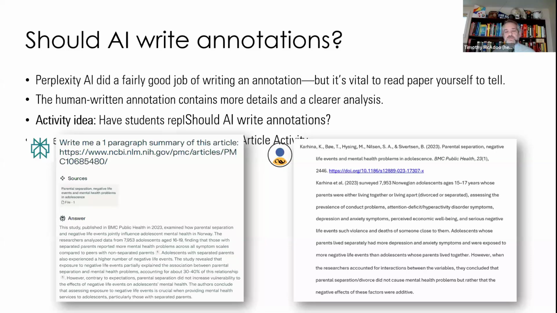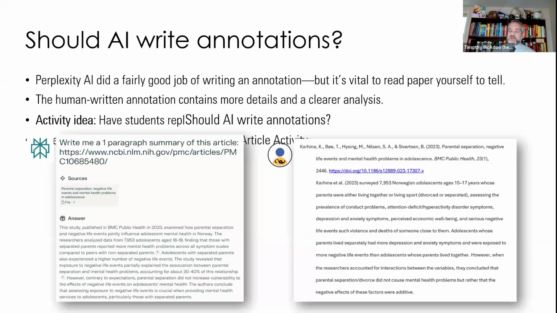And so this is a suggestion for an activity for students. You might ask students to replicate this process by reading a research paper and then writing their own annotation and then comparing what the AI produced. And they might learn both from what the AI did well and then what it didn't do well.